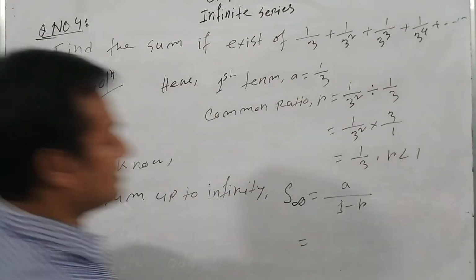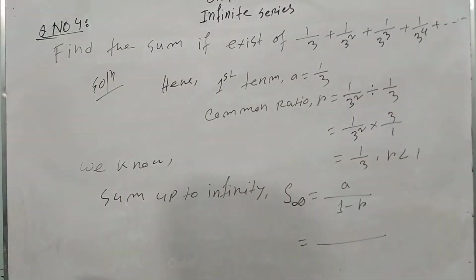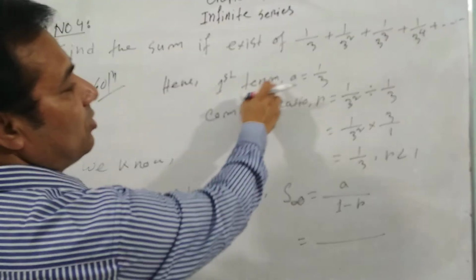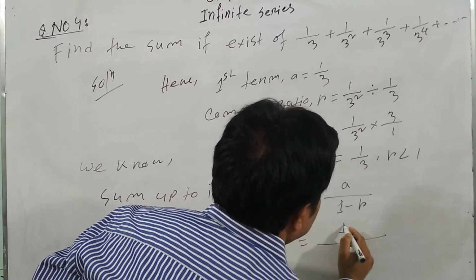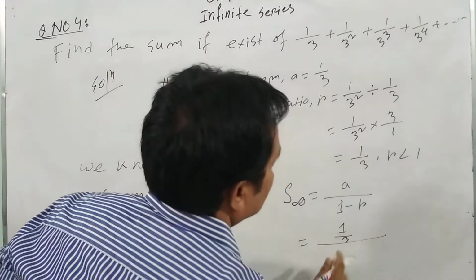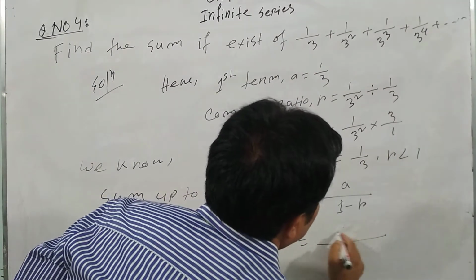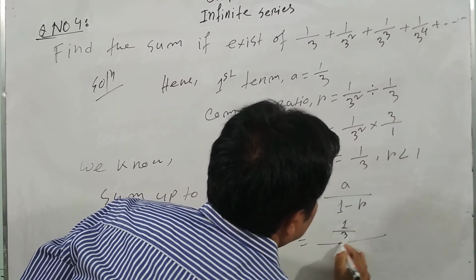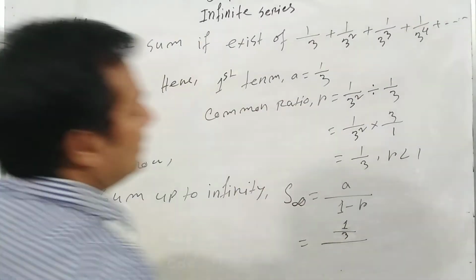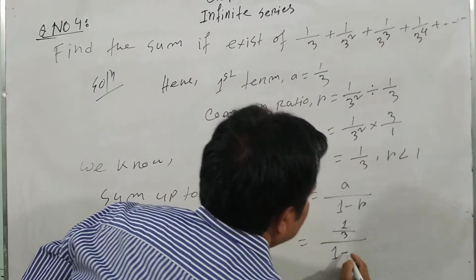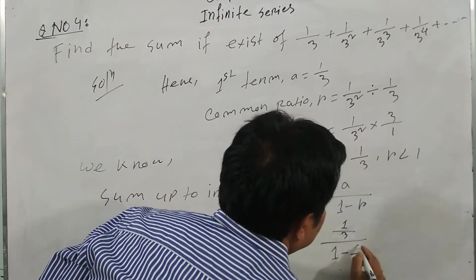Next, we have to put the values of a and r. Here the value of a equals 1 by 3, one-third, and 1 minus the value of r, also 1/3.